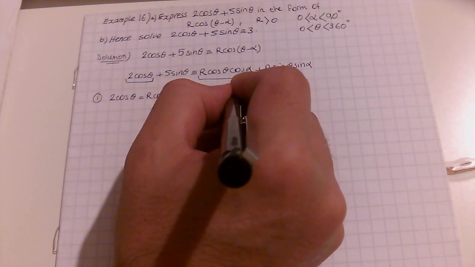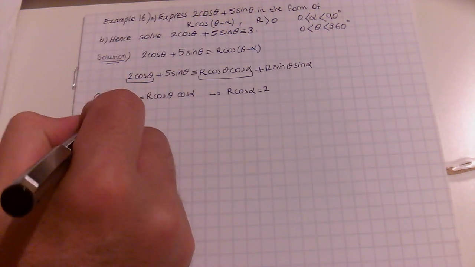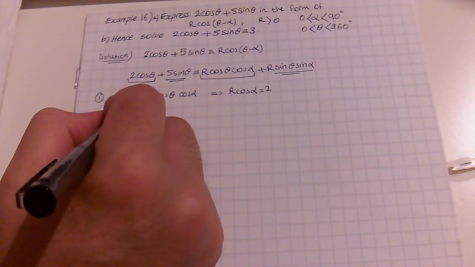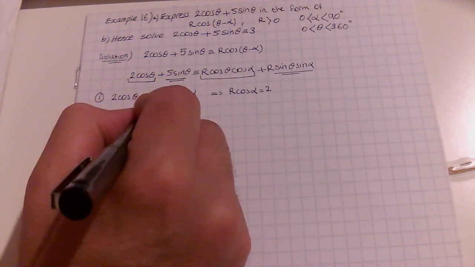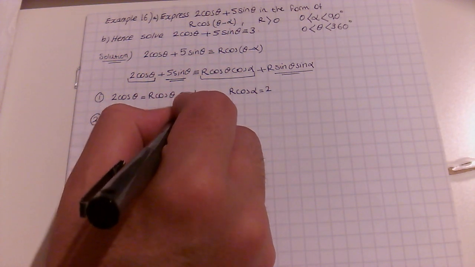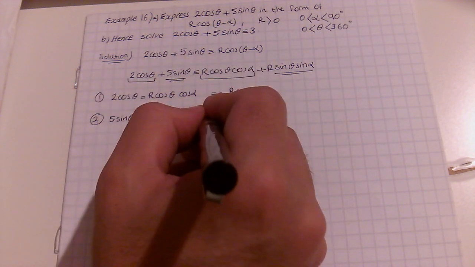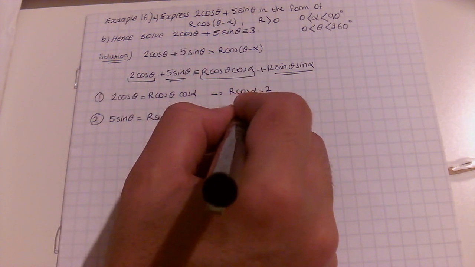So therefore, equation 1: 2 cos theta must be equal to r cos theta cos alpha. Cos theta and cos theta cancel, and we get r cos alpha equals 2.